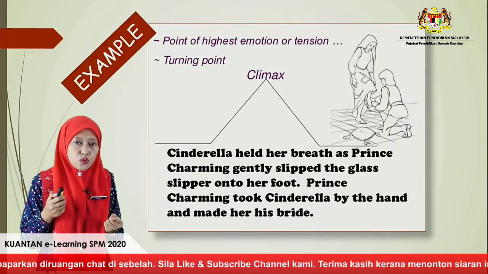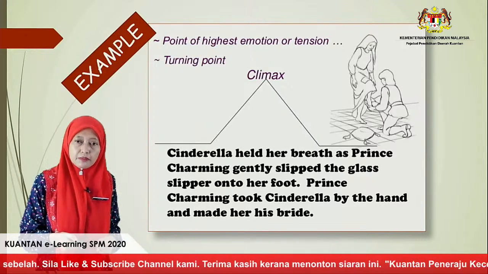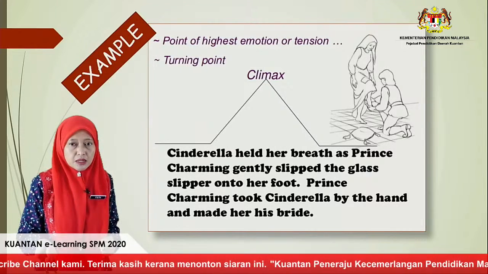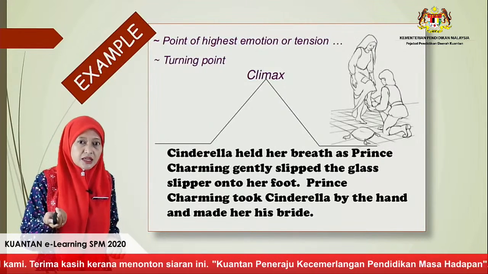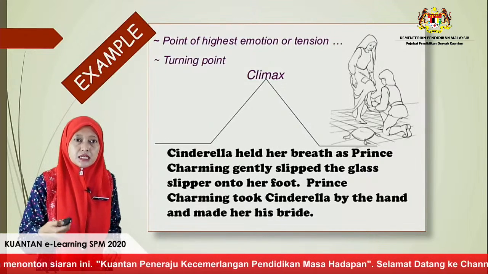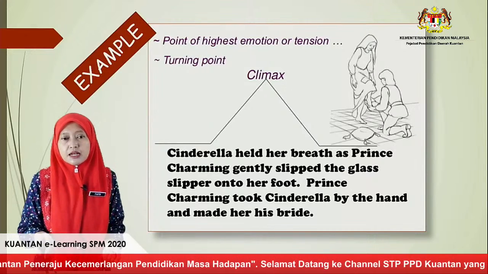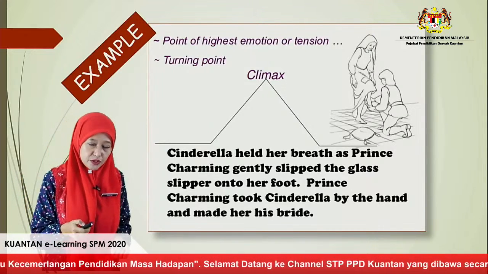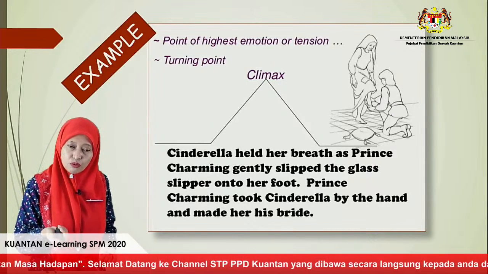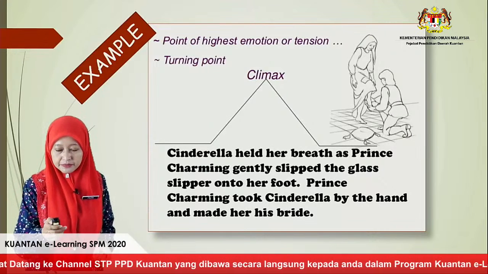Or this is so tense because maybe the evil stepmother hit the Prince Charming on the head and kept him as a prisoner, right? And asking for ransom. You never know. That is why this is of highest emotion and tension. I'm using this example because I believe many of you have heard the story of Cinderella. If you don't, I advise you to Google after this, okay?